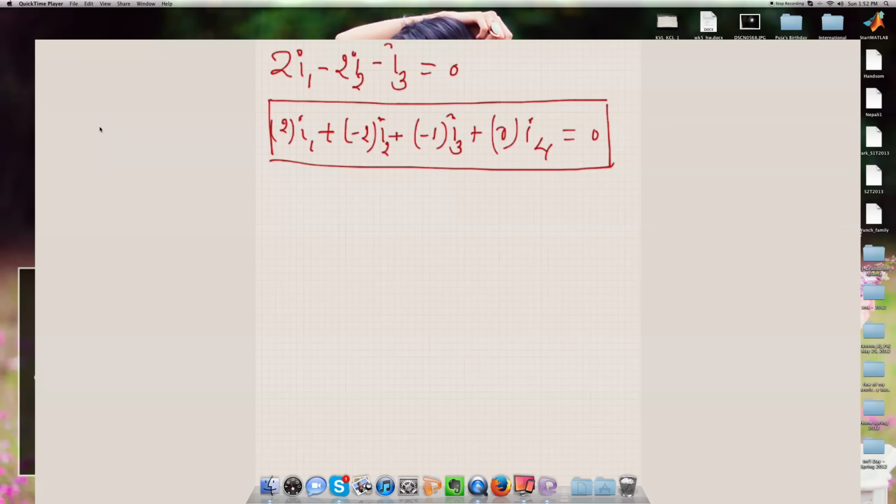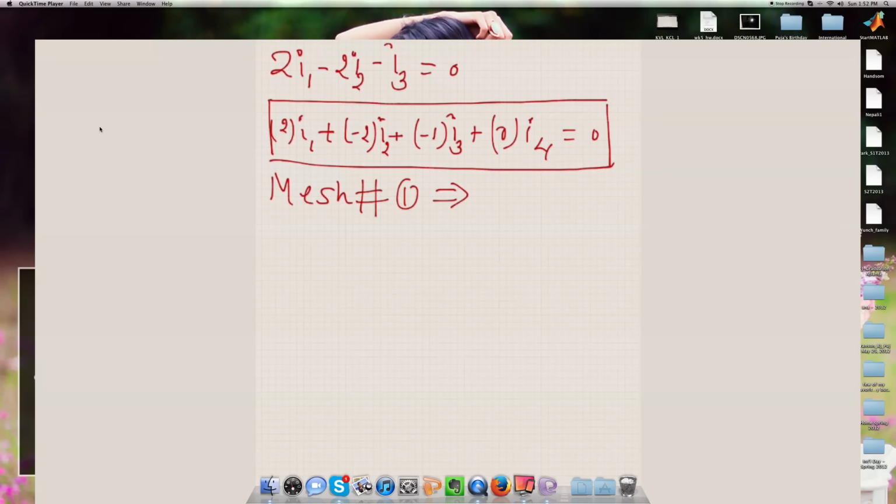And we also notice from mesh number 1 that I sub 1 is primarily equal to 2 amp. So this is from mesh number 1.